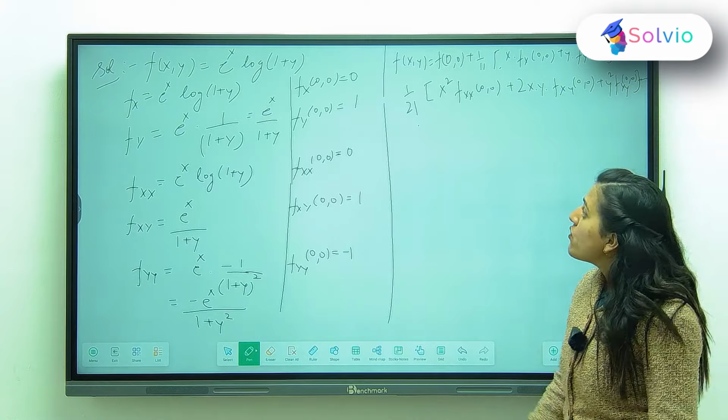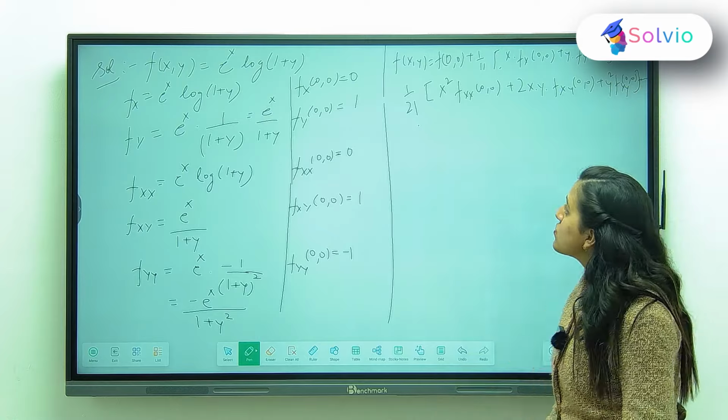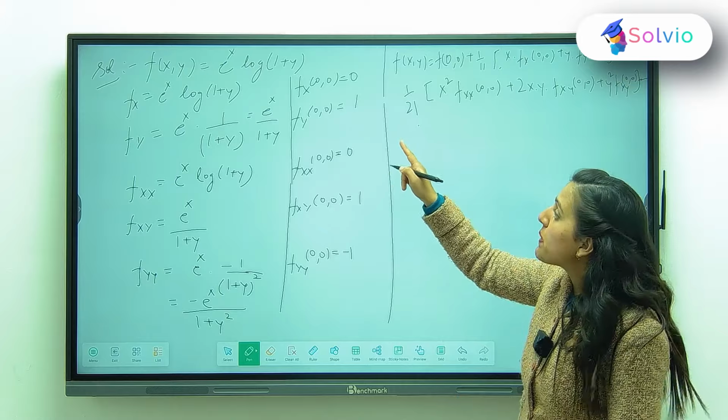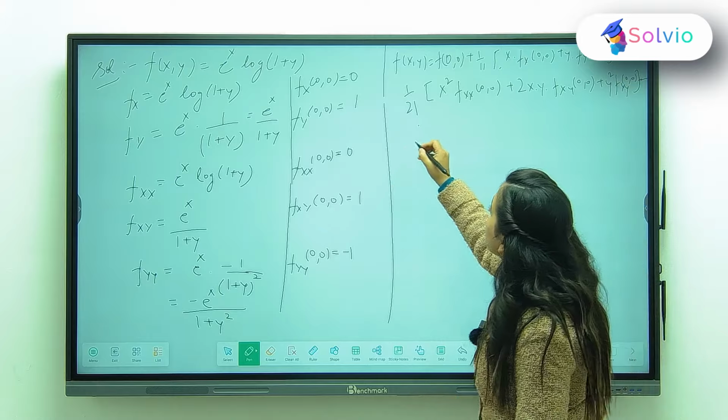Now we need to substitute all the values, that is f of 0 0, that will be e raised to power 0 plus log of 1, that will be equal to 0.